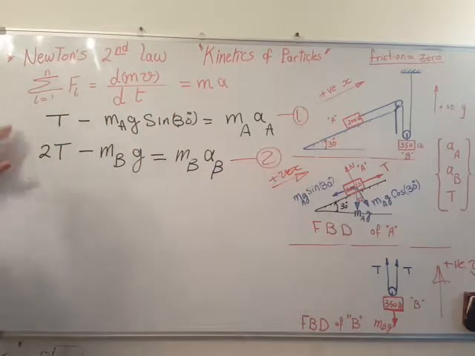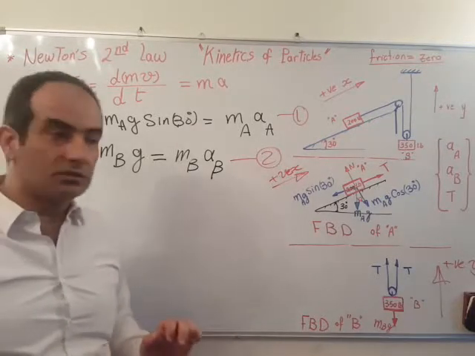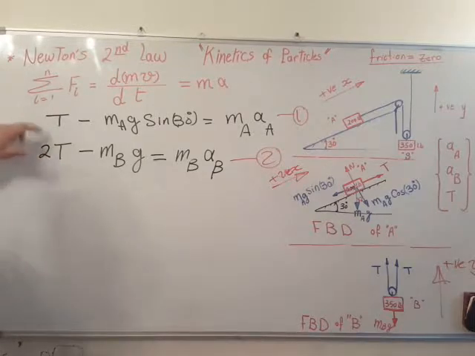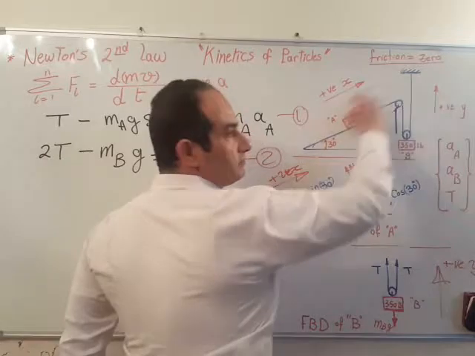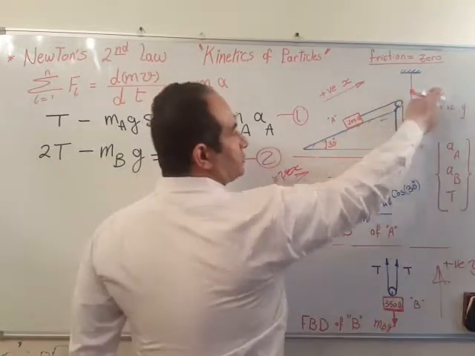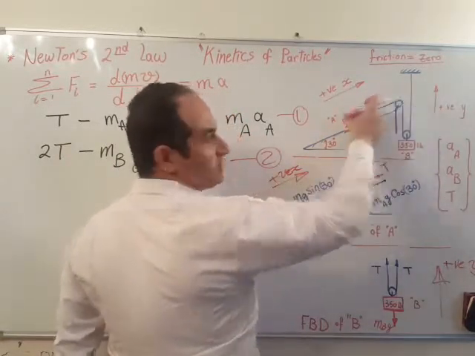So we have 2 equations. How many unknowns? We have T, the same T, because as you know, we have no friction. So the tension here is the same tension here.